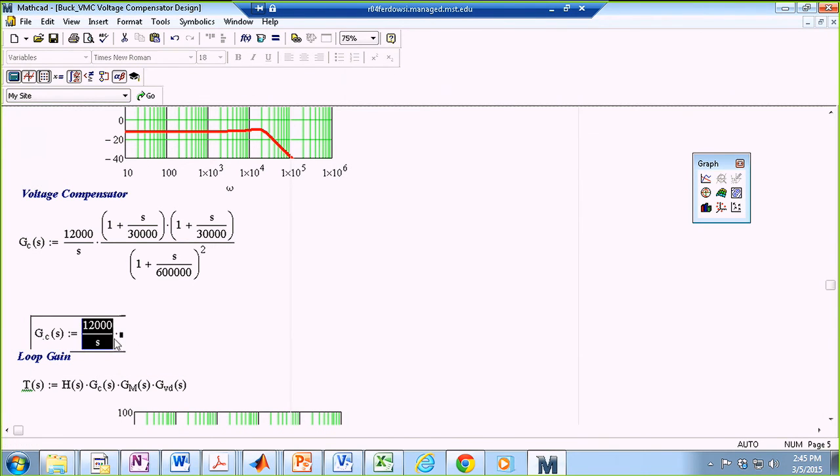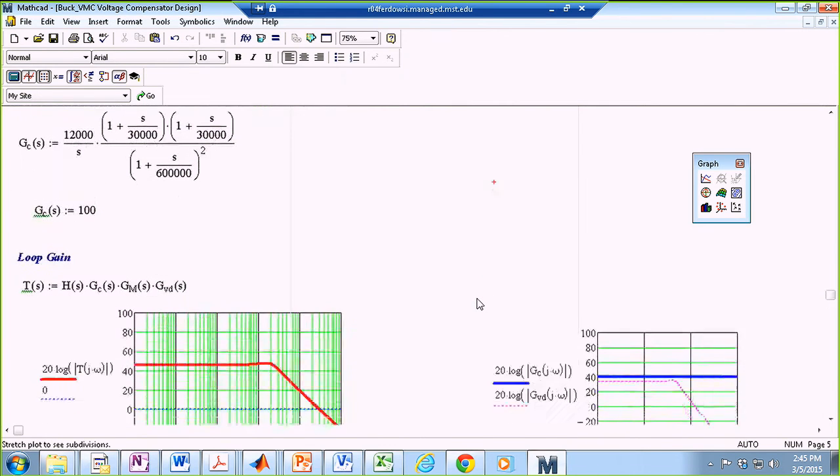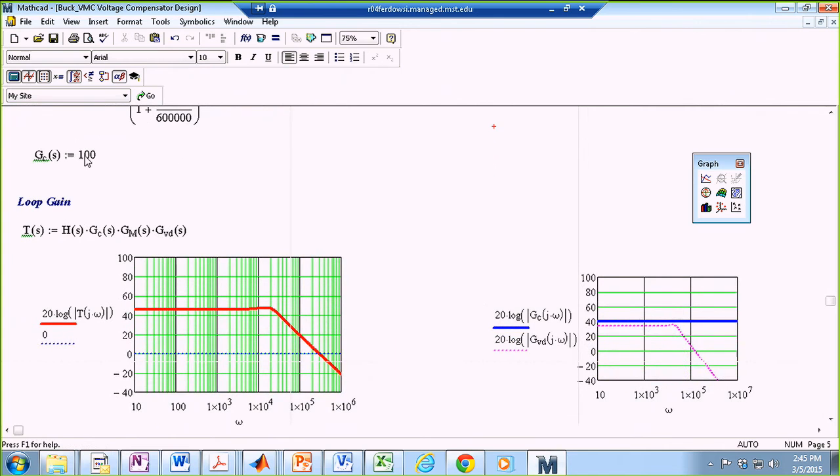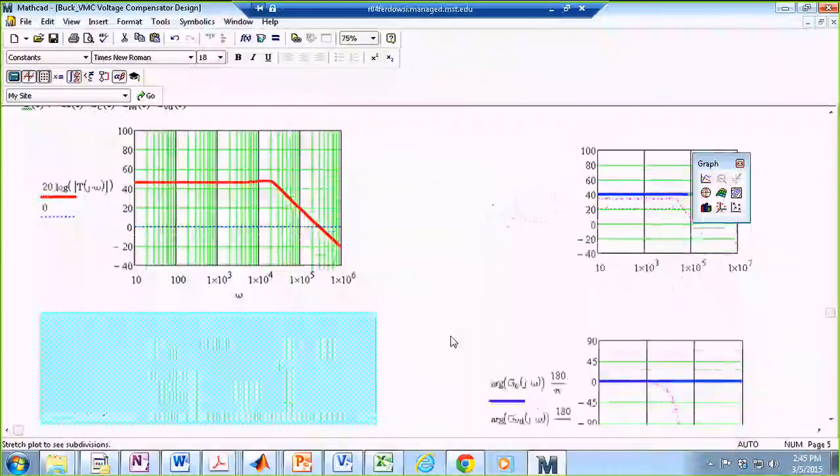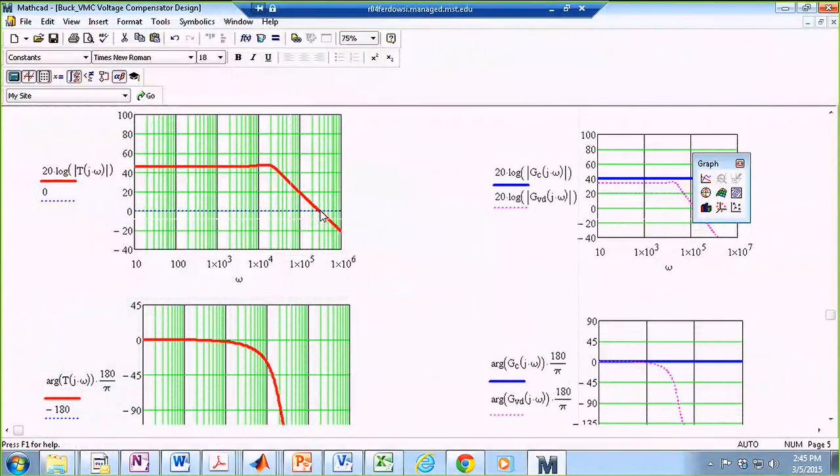So what we did first was, we just said this is 100, okay? So now I'm looking at the loop gain after this simple compensation network of 100, just the gain of 100. Because I have added some more gain to the system, my crossover frequency has moved to the right.